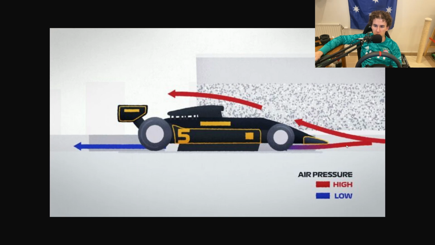This big bunch of air gets smaller and smaller until it reaches a very small point, the suction, and then it opens back up again, which you can clearly see on F1 cars.